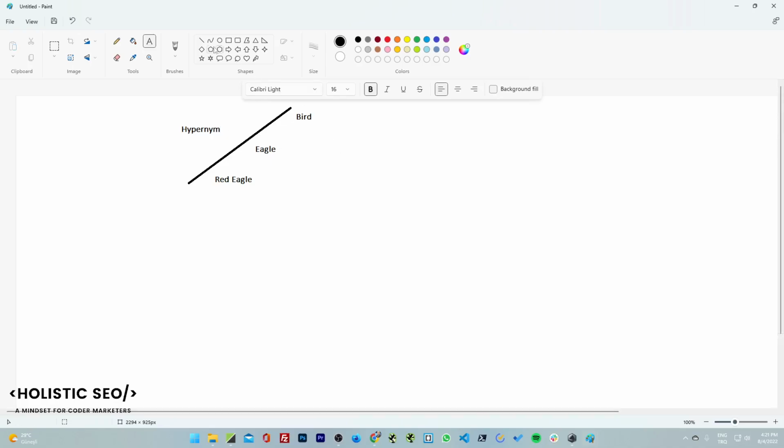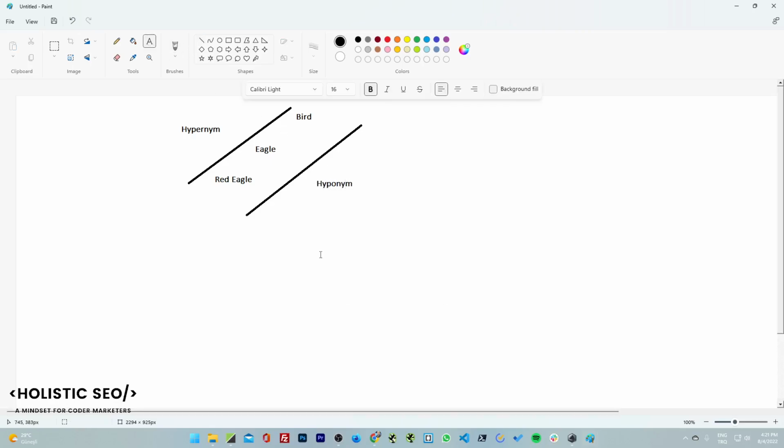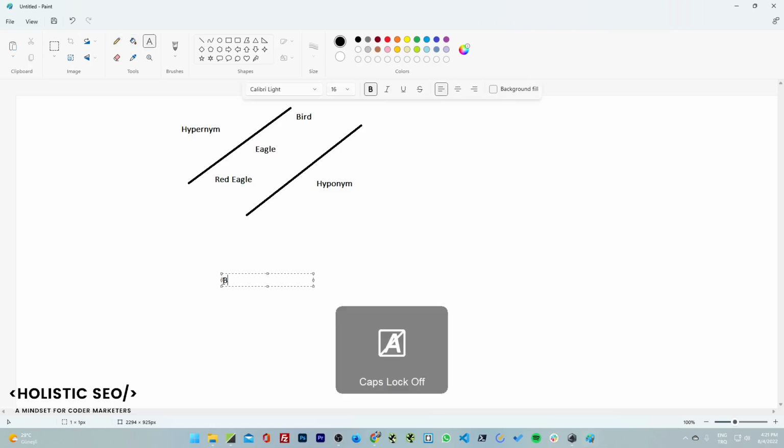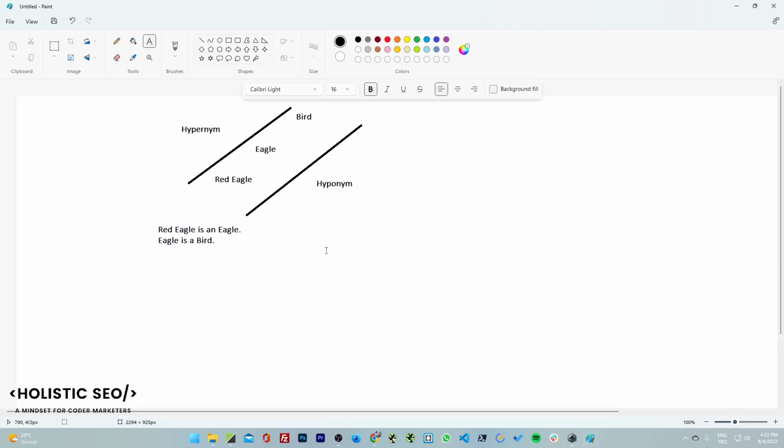If you go below, it will be hyponym. In this area, it is hyponym. And if you tell the relations between these things, it will go like this: red eagle is an eagle, and eagle is a bird. So this is the hypernym and hyponym relation, and we have more of that.